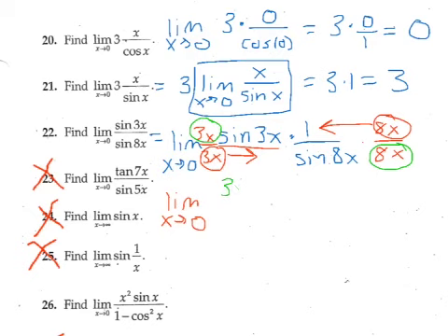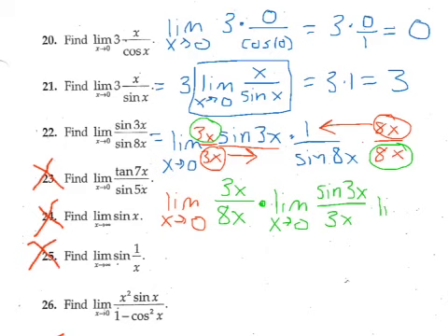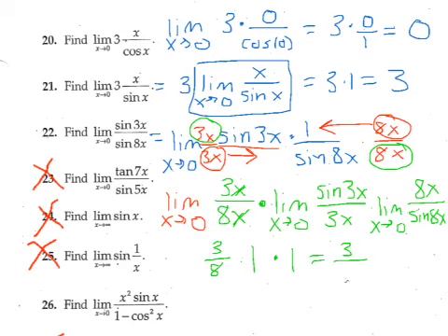So let's write it out: 3x over 8x times the limit as x approaches 0 of sine 3x over 3x times the limit as x approaches 0 of 8x over sine 8x. So now for our first term, we can cancel out the x's, and we'll just get the number 3/8. Here we have our theorem, so that equals 1, and the limit of 8x over sine 8x will also equal 1. So our final answer is 3/8.